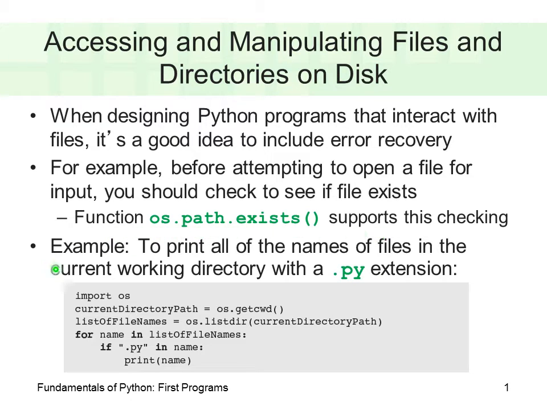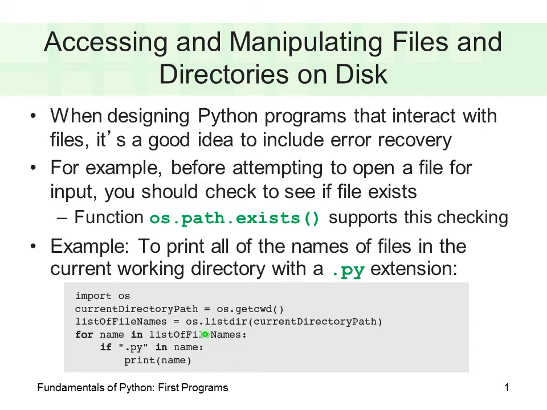os.path.exists. Here's a little example to print out all the names of the files in the current working directory that have a .py extension. In other words, all the files in your current folder that are Python programs. So first we would import os, and then by invoking the function getcwd, that is get current working directory, we would get our current directory path.